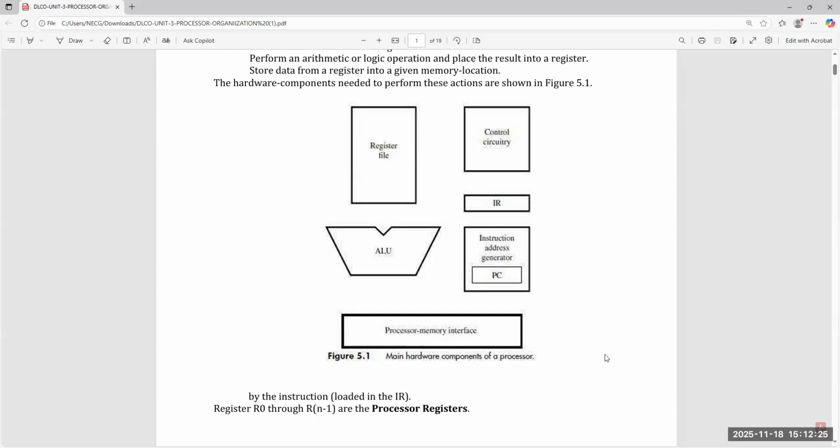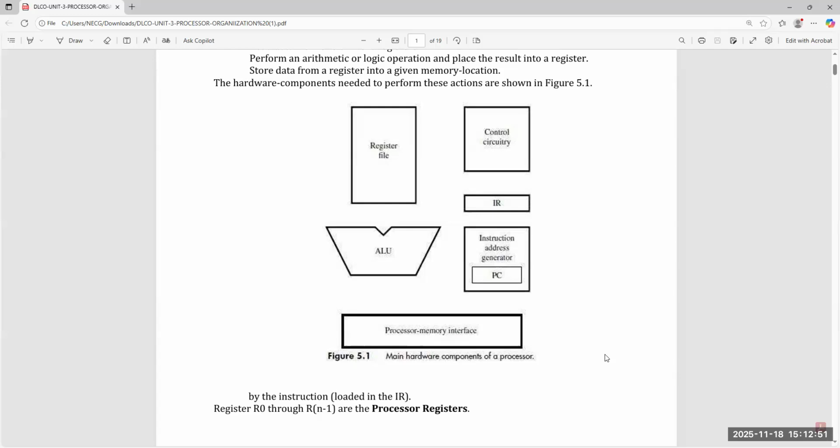Arithmetic logic unit. Instruction register. Next, PC. PC stands for program counter. Instruction address generator. Next, processor memory interface. In the fourth module, we have memory management and memory organization.